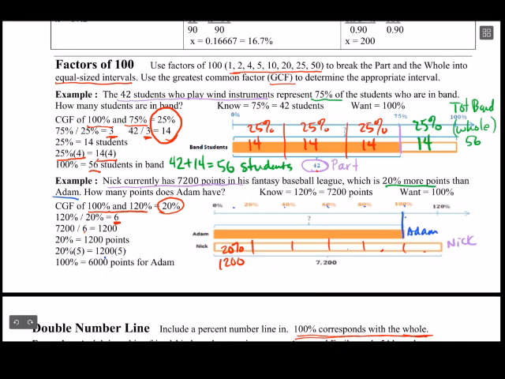Another way we could have done this is to take our 120%, which was 7,200 points, and subtract this 20% here, which is 1,200 points, and subtract that off to get Adam. And once again, that gives us our 6,000 points for Adam.